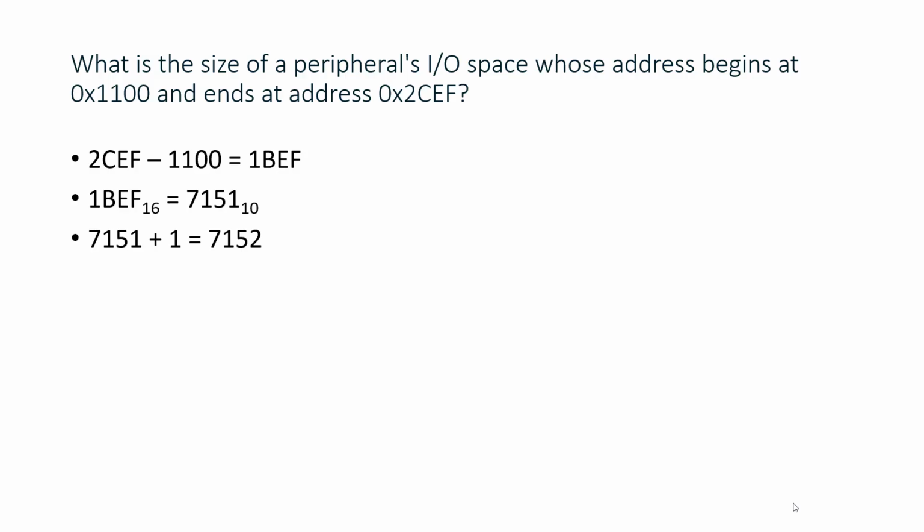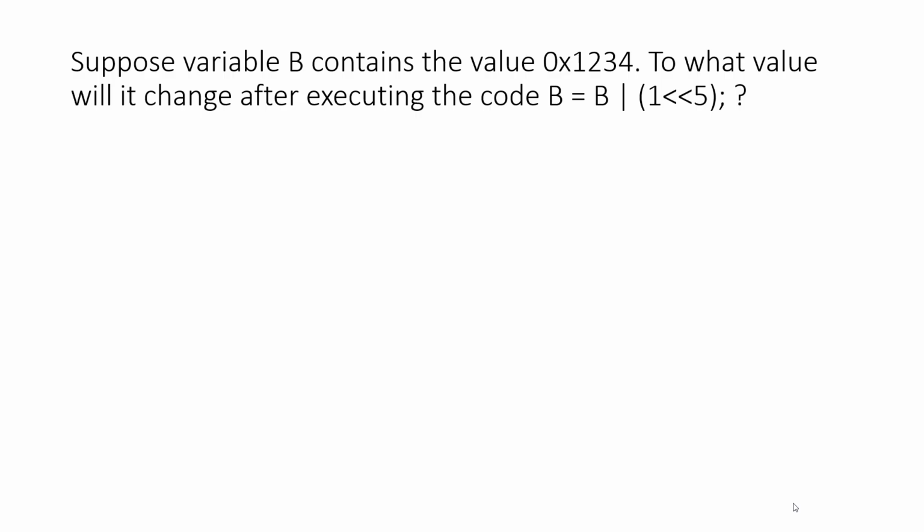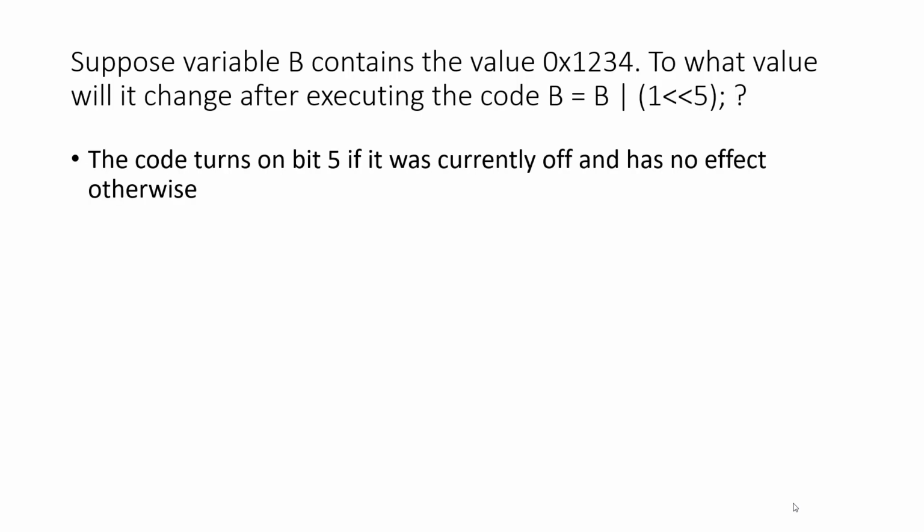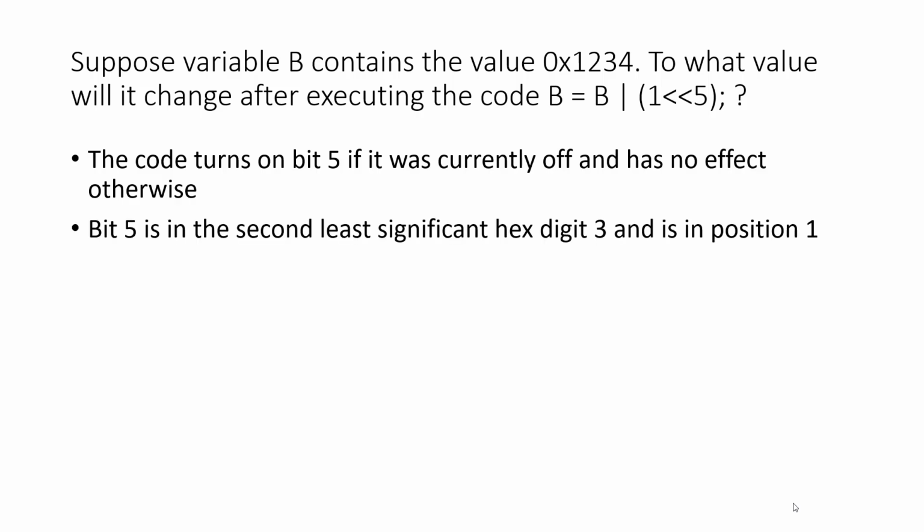Okay. Any questions? Suppose variable b contains the value 1234 in hex. To what value will it change after executing code b equals b OR 1 shifted by 5 bits to the left? That would just turn on bit 5 if it was currently turned off. Otherwise, it has no effect at all.